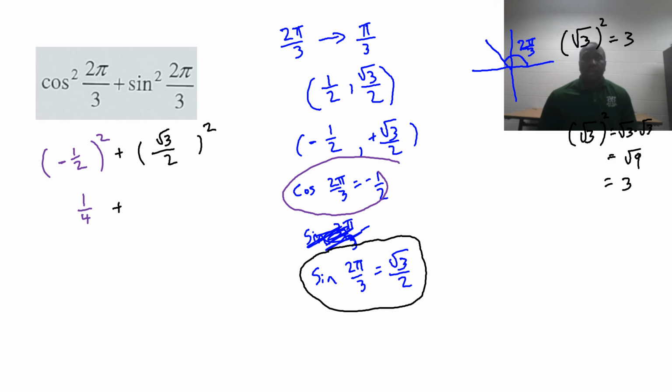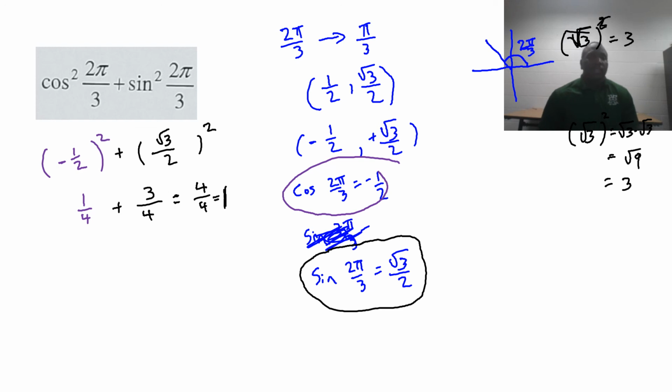The square and the square root cancel each other out. So square root of 3 squared, that's just going to be 3. 2 squared, that's 4. So we just need to add this. Looked like a hard problem at first, but this is all just going to be 4 over 4.